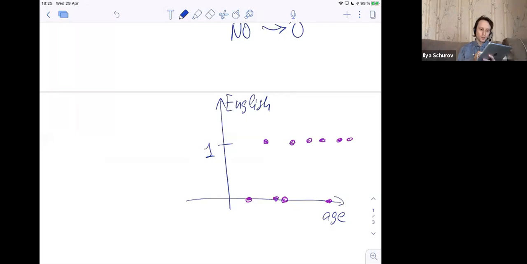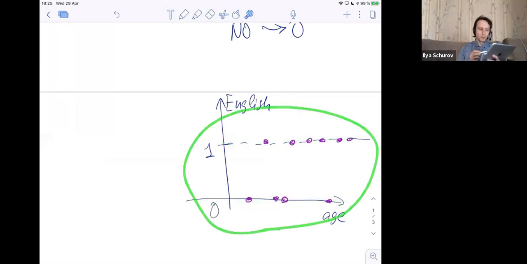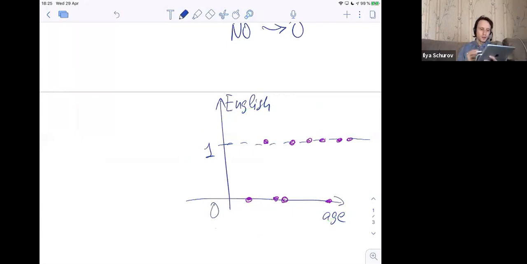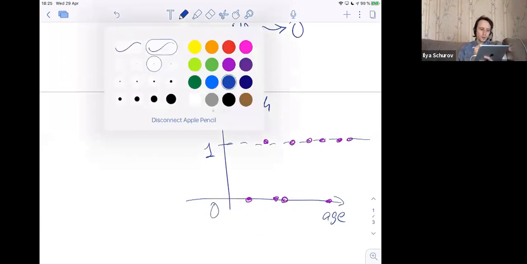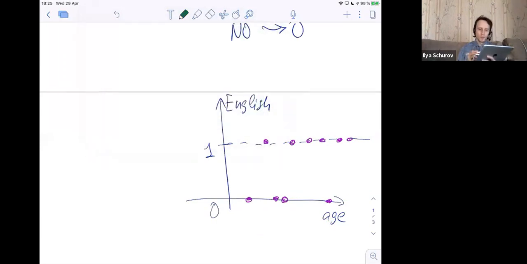So all values of English are either 0 or 1. So we have points only on these 2 straight lines. But we can draw this picture. This is a completely meaningful picture. And then we can try to find a regression line like we already discussed when we discussed linear regressions.